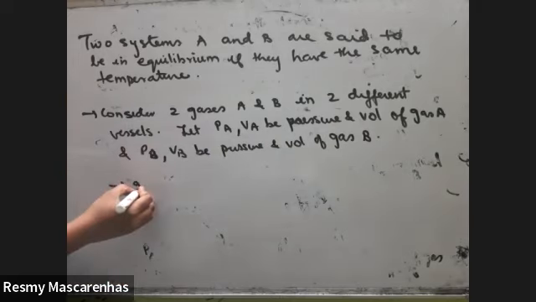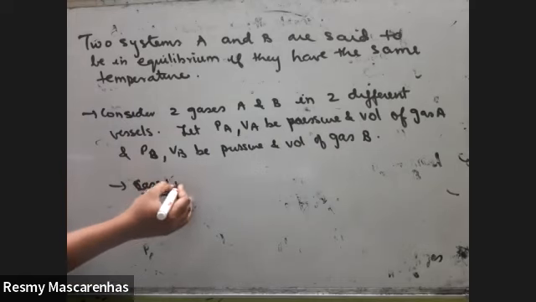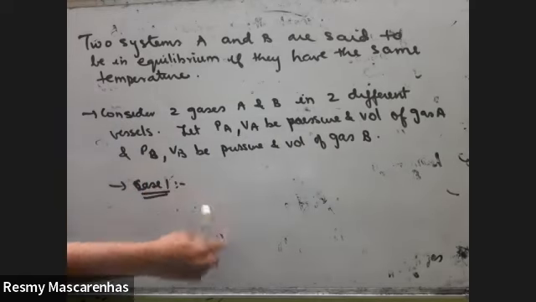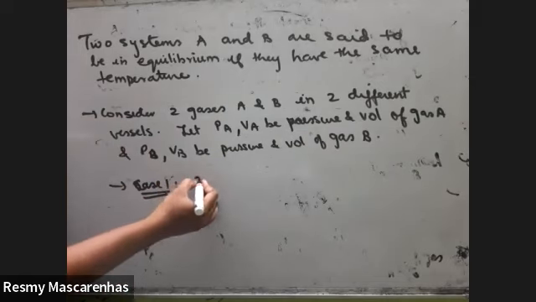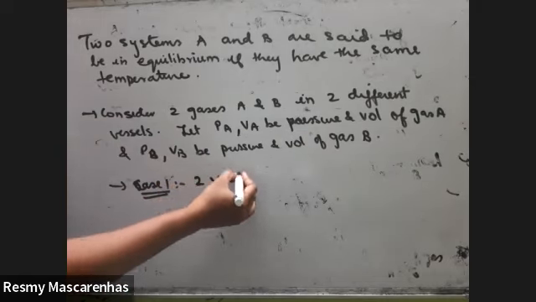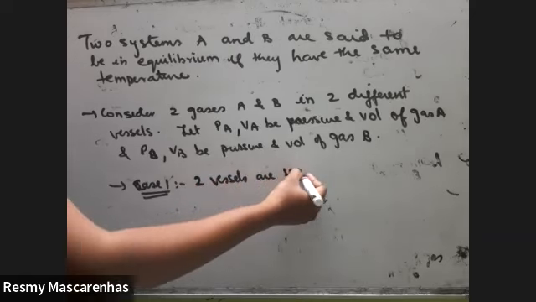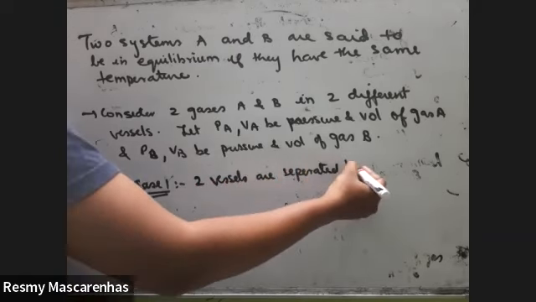Case 1, as per the diagram, two vessels are separated by the adiabatic wall.